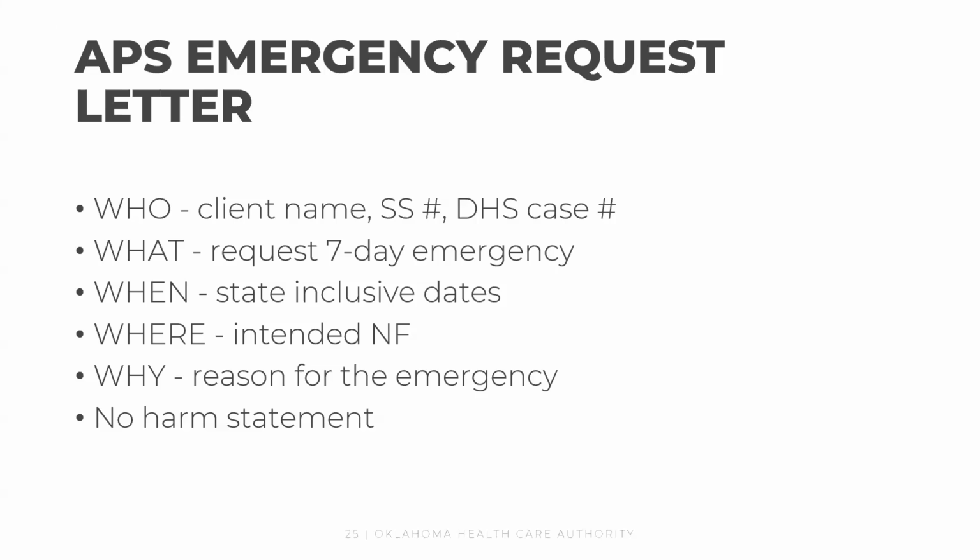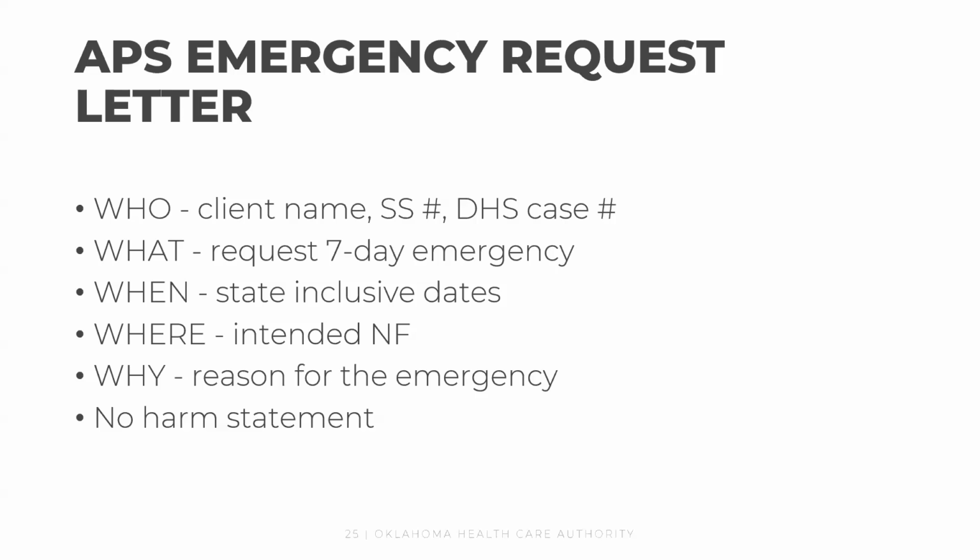So it would be who, the name of the client, their social security number, DHS number, if applicable. What? What are they doing? They're requesting a 7-day emergency, and that needs to be stated in the body of the document. When? So when are they wanting this emergency request to begin? And why.